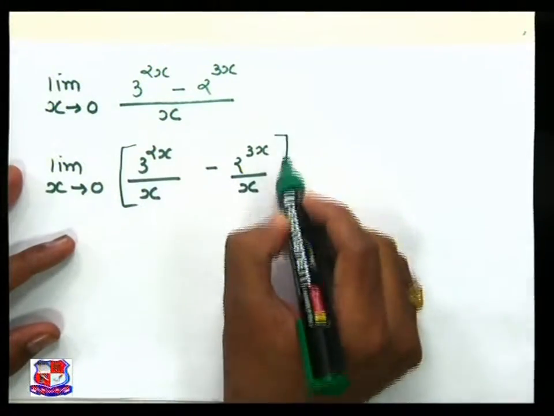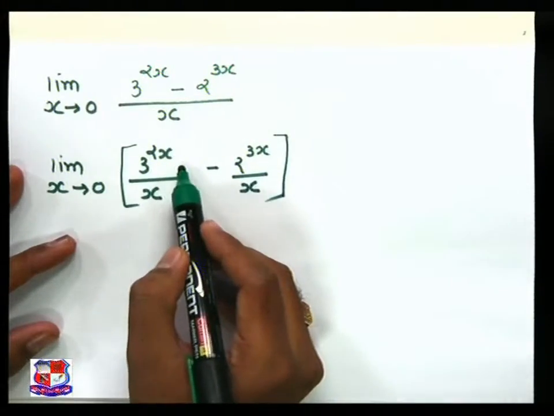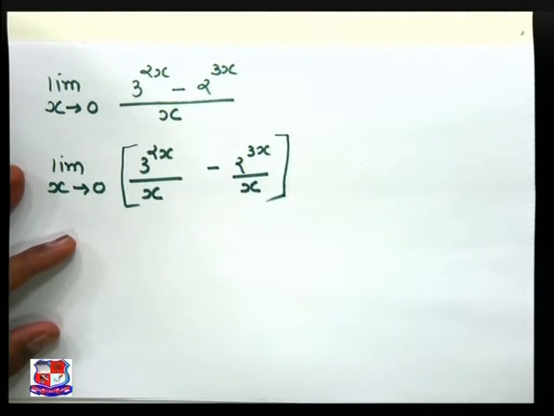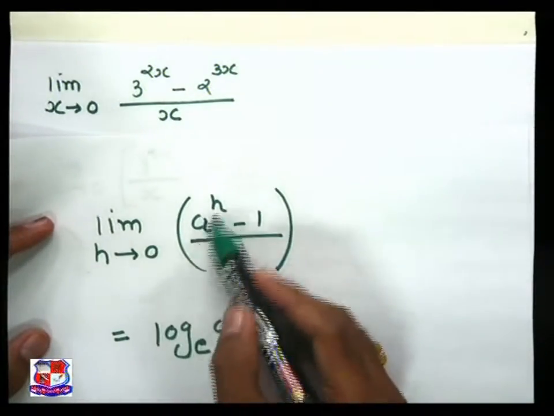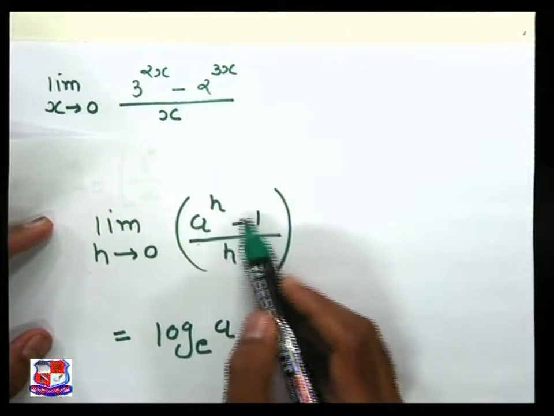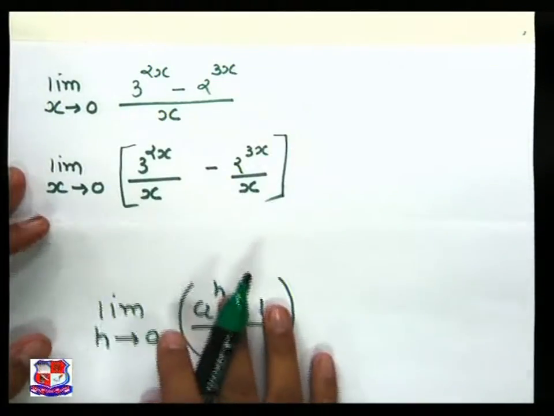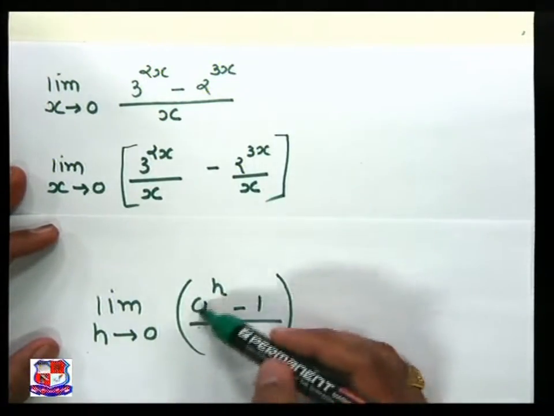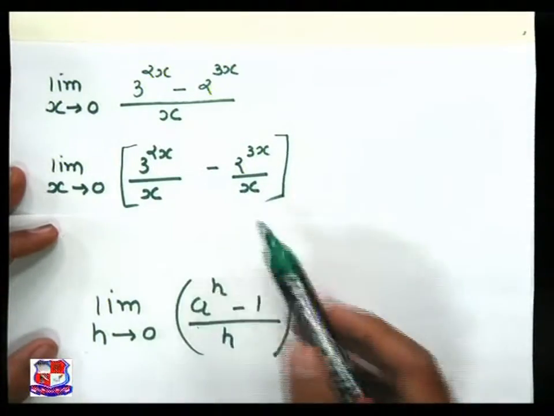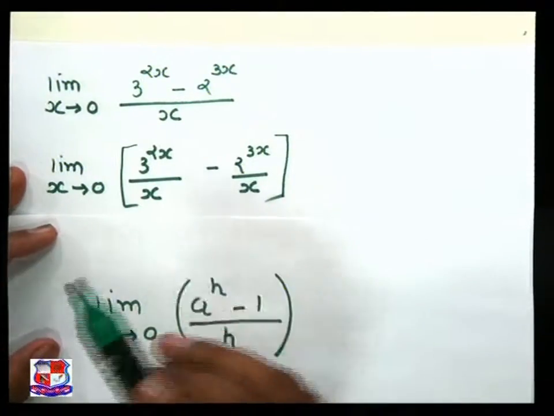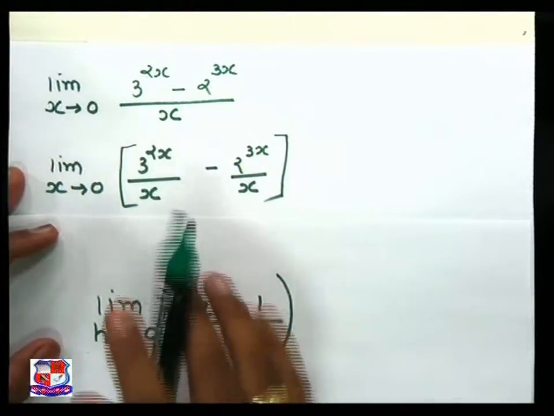Now we want to introduce minus 1 here, because our aim is to simplify this sum as a raised to h minus 1 divided by h. Compare: here a is 3, here h is 2x, divided by h, here x. So we now require only minus 1.